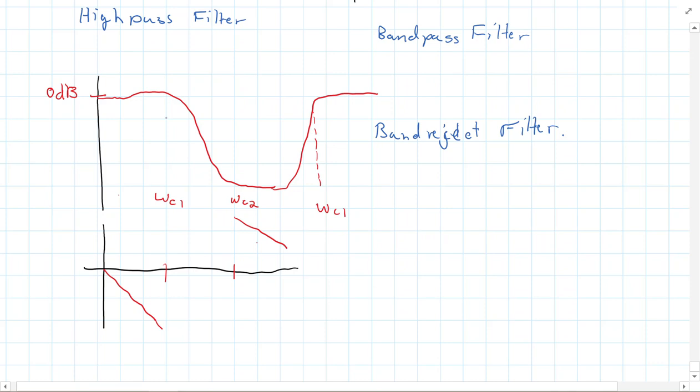Omega C1, I'm sorry, this would be omega C2. This would be omega C1. And this might be, for instance, and as a side note, the decibels are usually in linear units here, minus 70 decibels. So it's not that they completely go away, they essentially go away. And we'll talk more about that when we talk about decibels in the next video.